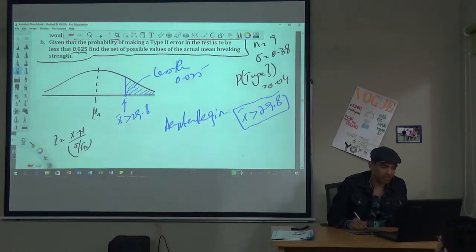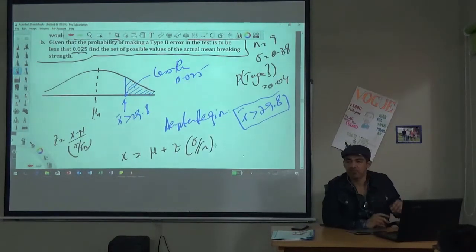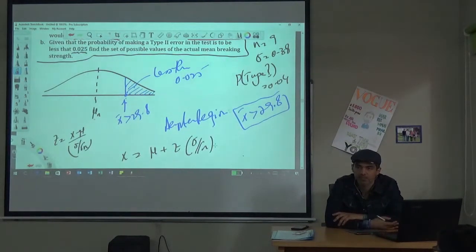So your x value here has to be mu plus z sigma upon square root of n. Check. Will you get this if I make x the subject?